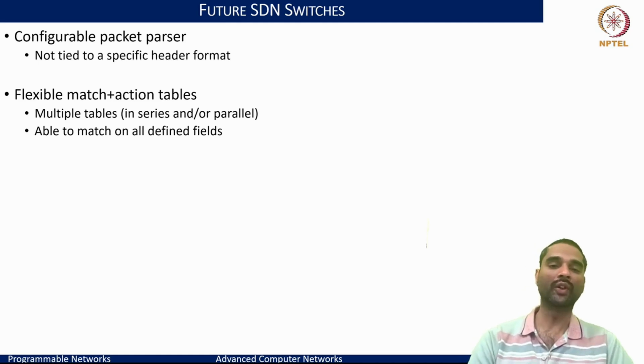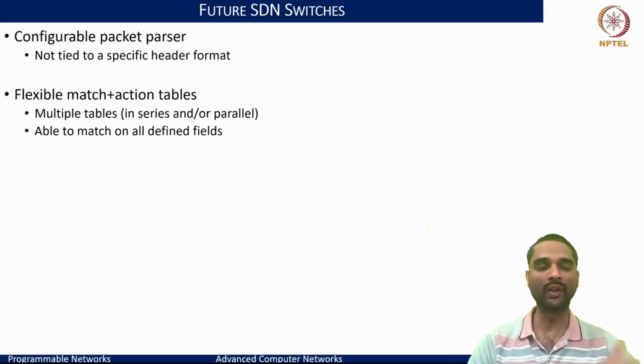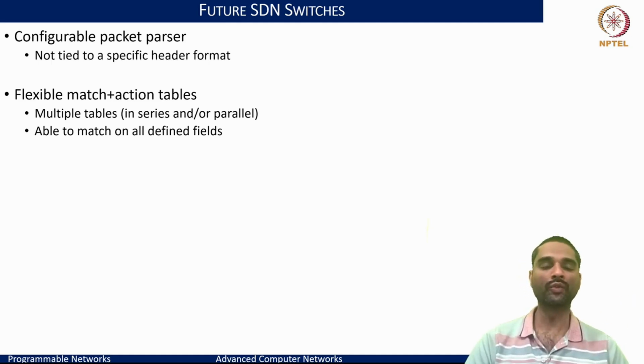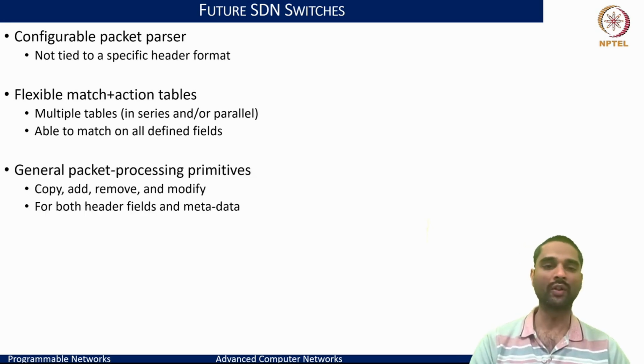They could even be set up as parallel tables that we would want to match. Like once we have built the packet header vector, we could match on layer 2, layer 3, all of those in one go as we parse. So the ability to match on all of the defined fields in one go in either a serial or a parallel fashion would greatly be of use.